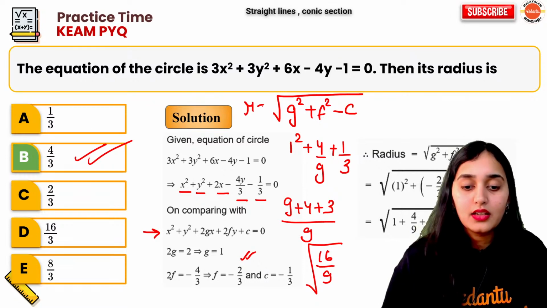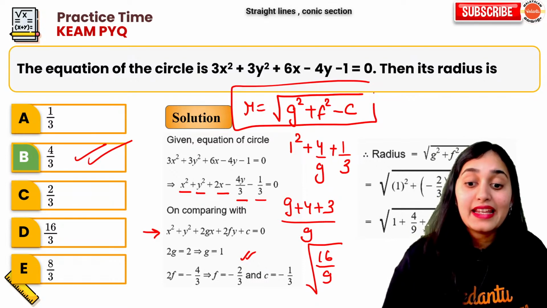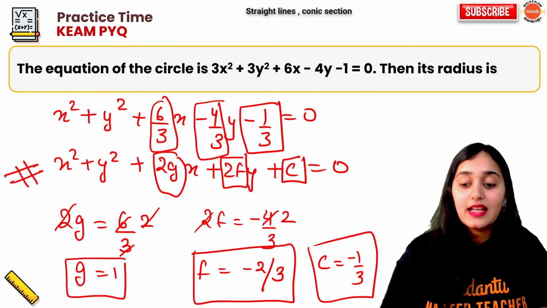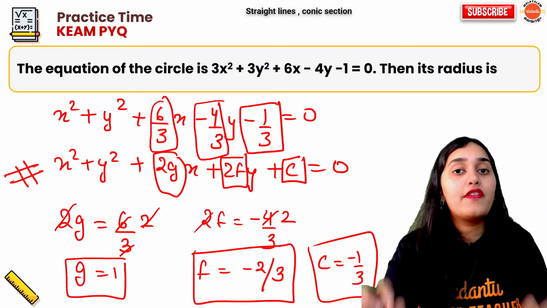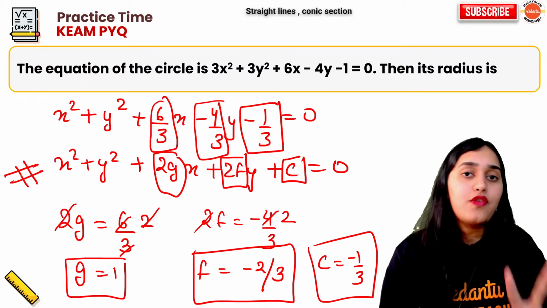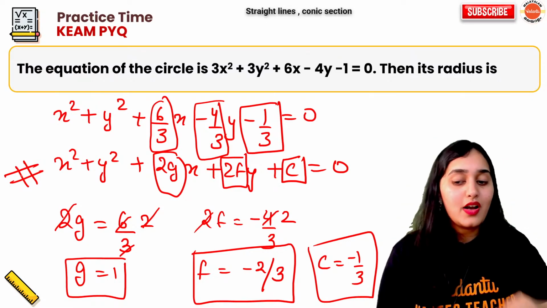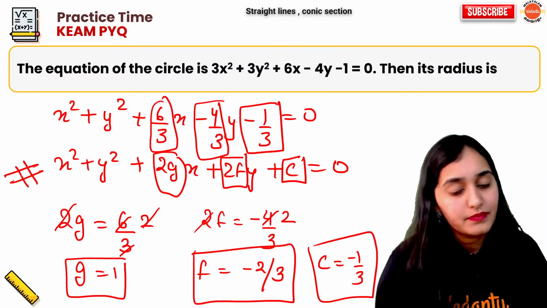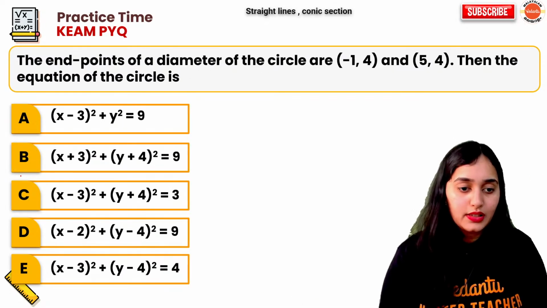Understood everybody? So this is the radius of the circle formula, and this is called the general equation of the circle. Now these two formulas are very, very important because every year questions are asked from these two formulas itself. Okay? Cool.